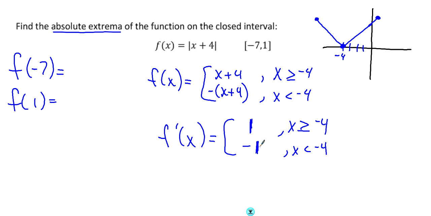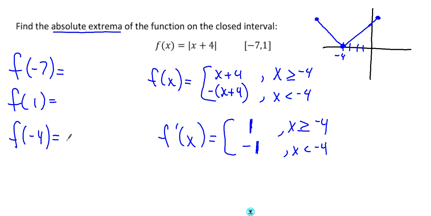And if you remember, the derivative is a limit, and where the limit fails to exist, the derivative fails to exist. So here you can see that these two points don't match, so it is discontinuous there. Okay, so there's a critical point also at negative 4, and that's what we're going to have to check.